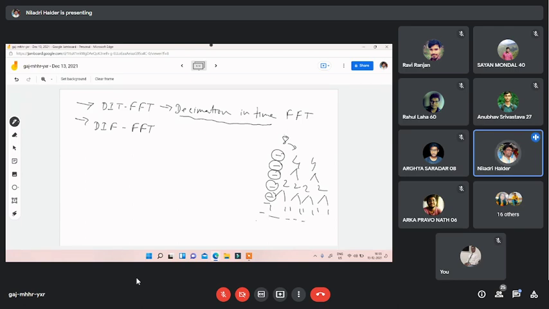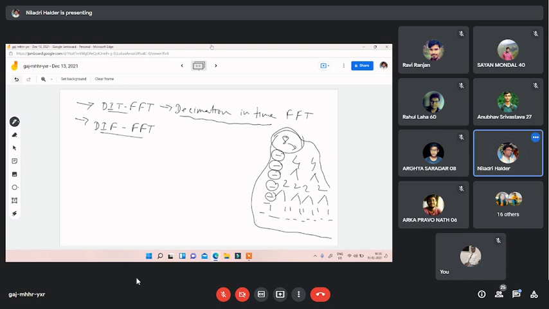Total 8 samples are completely separately broken by using that method, and that method we will see now. That is in the time axis, so decimation in time. Whenever that is in the frequency axis, then it will be decimation in frequency. Depending on the operation, it is named. Okay.